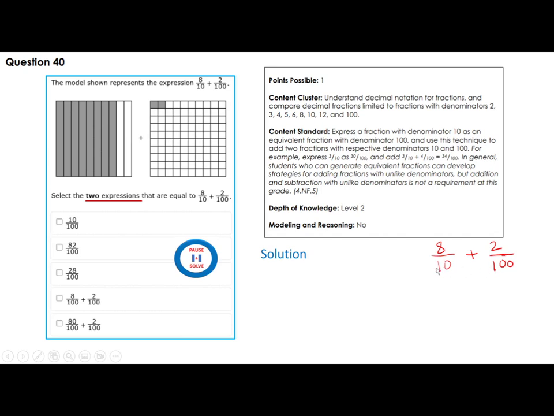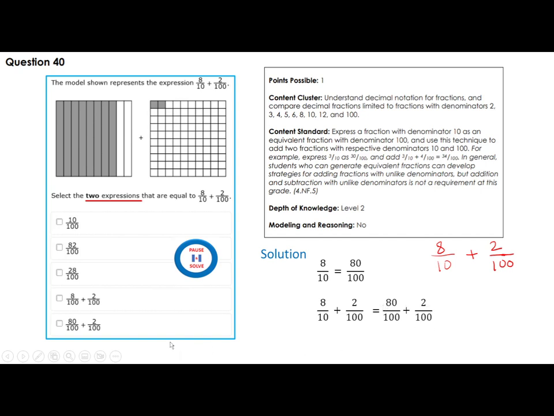We don't have the same denominator here. I have 10 here, I have 100 here. So I need to make this 100, so I multiply both up and down by 10, okay? So 8 over 10 is 80 over 100. So now 8 over 10 plus 2 over 100 is equal to 80 over 100 plus 2 over 100.